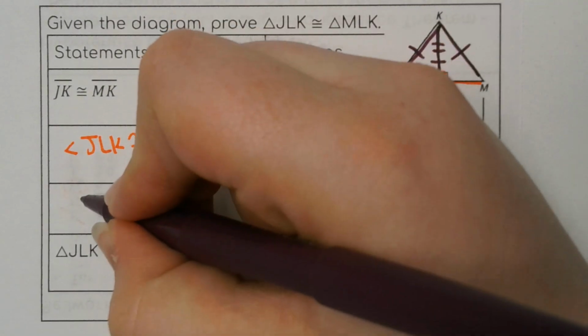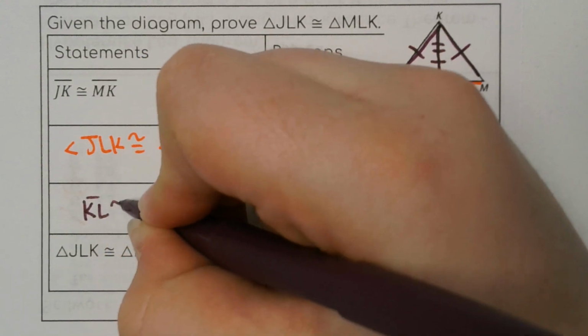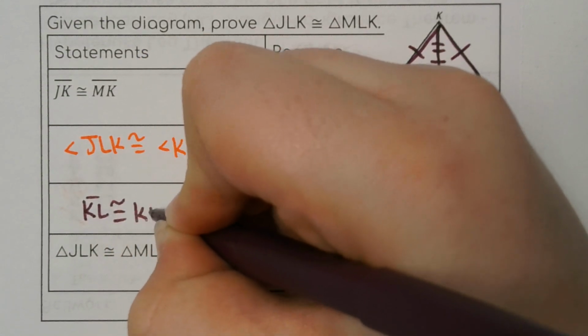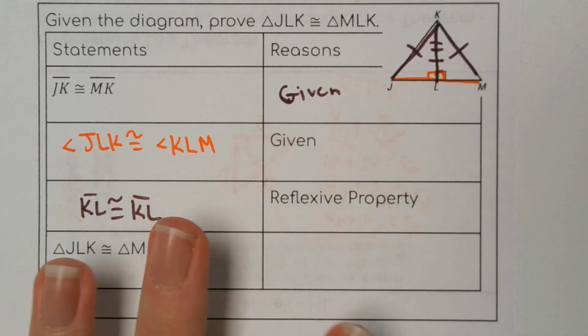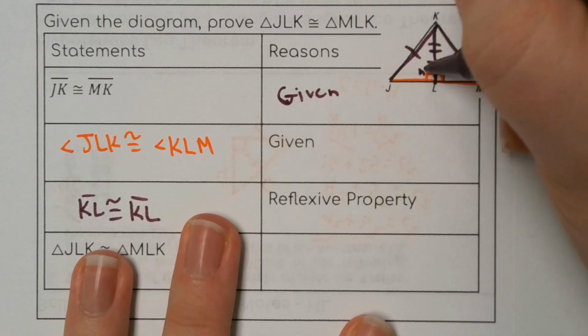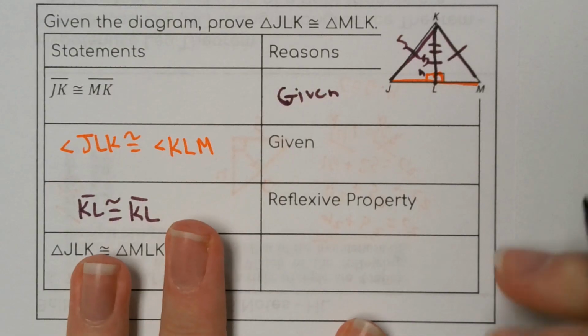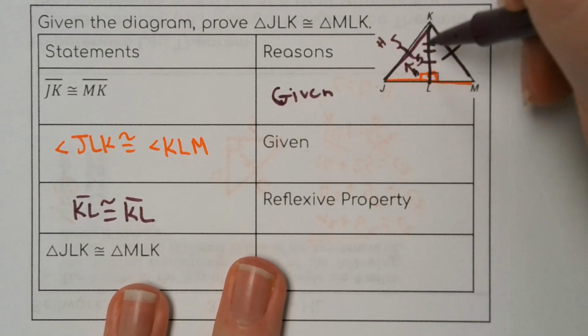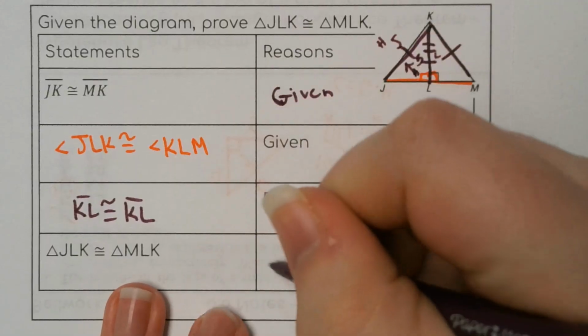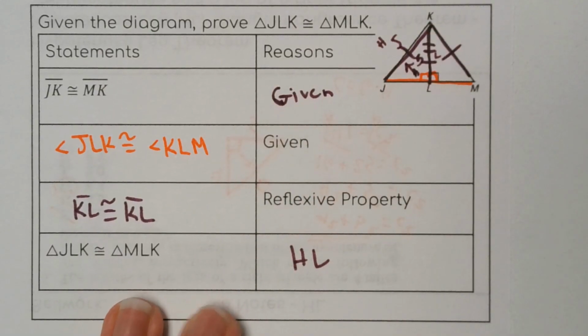So it would be KL is congruent to KL. And then we would label it out. We'd get ASS, which is no good. But if we look a little bit closer, we got our hypotenuse and our leg. So this would be because of HL.